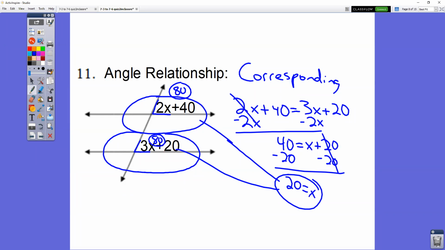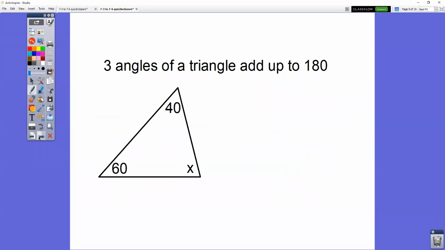So you're going to have 4 questions just like that, where you have to name the type of angle, set up the equation, solve for x, sub it back in to find the 2 missing angles. The next type of question, you're going to have 2 of these. Remember that the 3 angles of a triangle add up to 180 degrees.